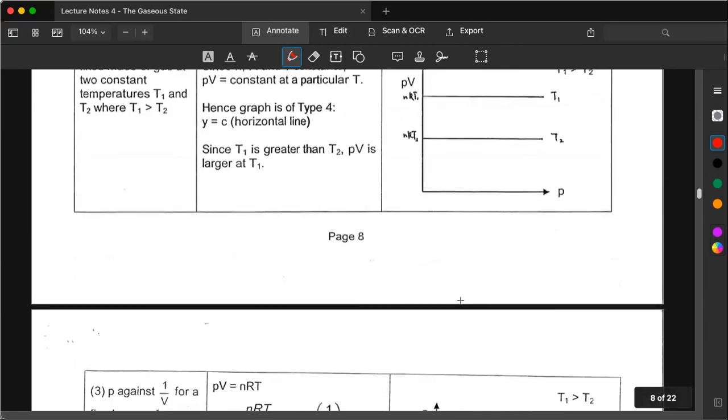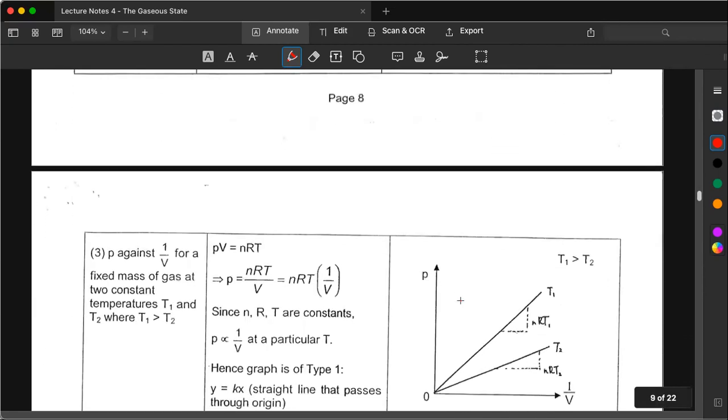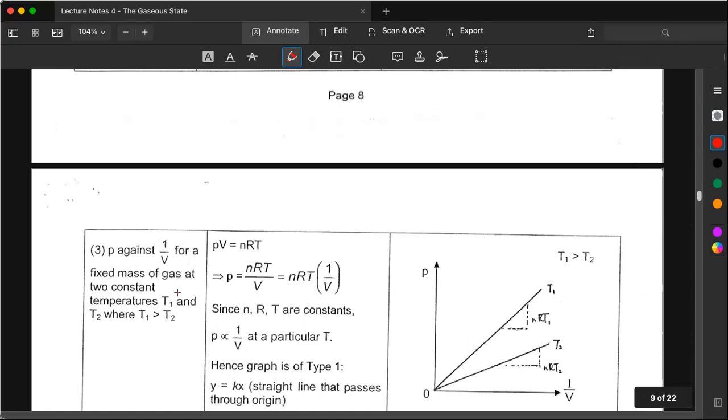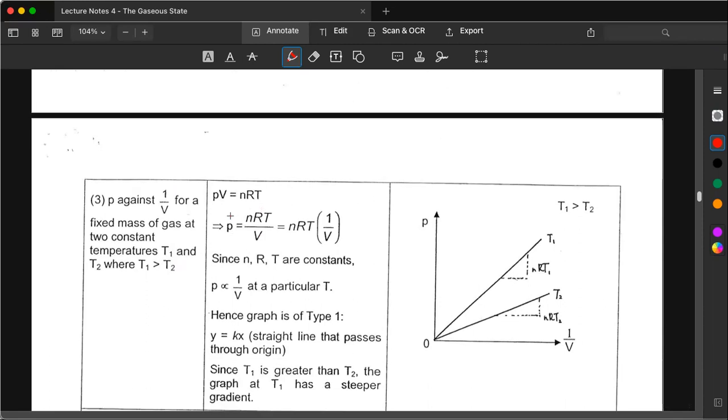If we have P against 1 over V at a fixed mass of gas at 2 constant temperatures where T1 is greater than T2, so let's look at the equation PV = nRT. We shift the V over to make P the subject of the equation, and then you take out nRT, assuming that the temperature is constant. You notice that P and 1 over V are actually directly proportional.